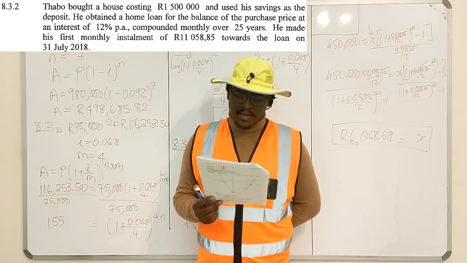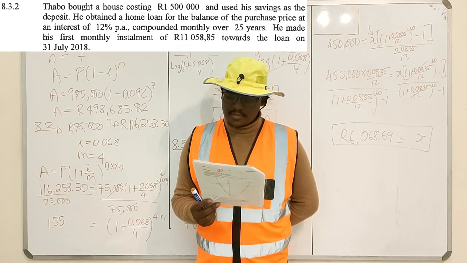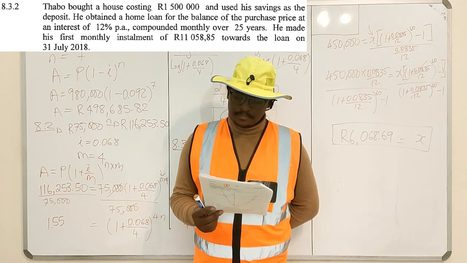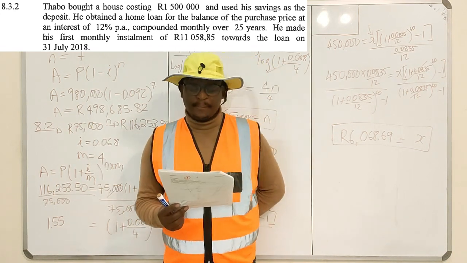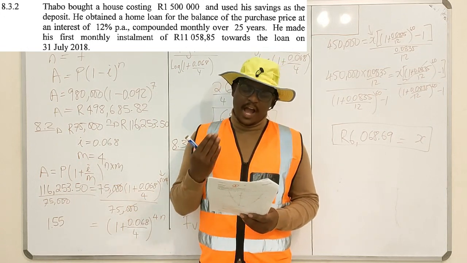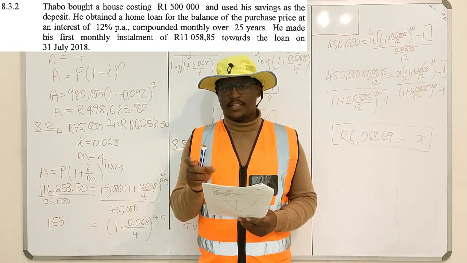He made his first monthly deposit of 11,058 rands 85 cents towards the loan on 31 July 2018. Okay? So what they're saying is that our friend Thabo, the house that he bought cost 1.5 million, right?